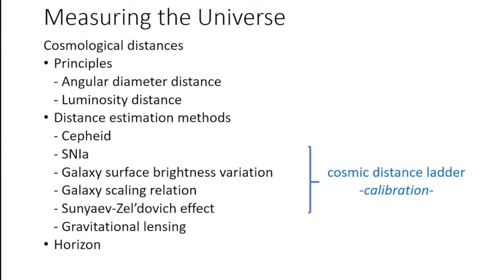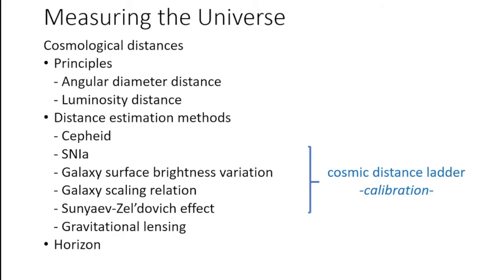Those principles are applied to different objects, and then you identify them as different methods of distance estimation. Depending on the objects that you use, you will encounter different challenges. These are the list of various ways that people use to estimate distance to very, very far objects.